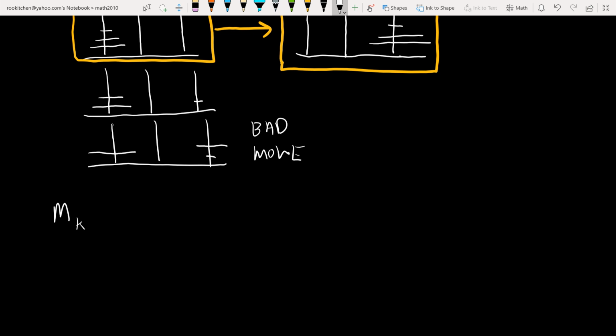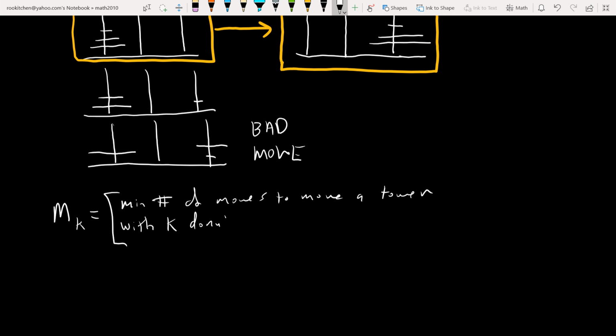And m sub k will be the minimum number of moves to move an entire tower of height k from one pole to the next. Okay, so this is the min number of moves to move a tower with k donuts from one pole to another.